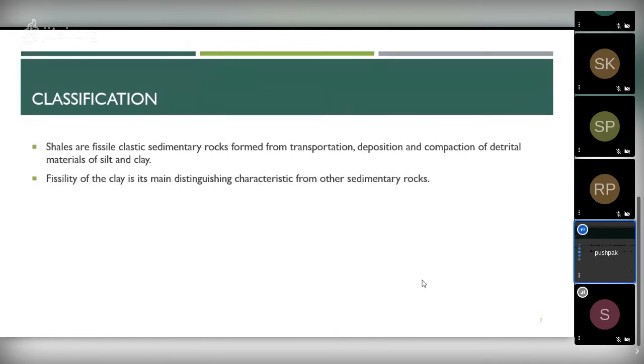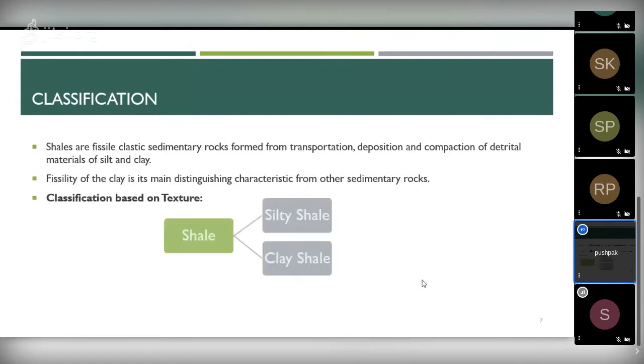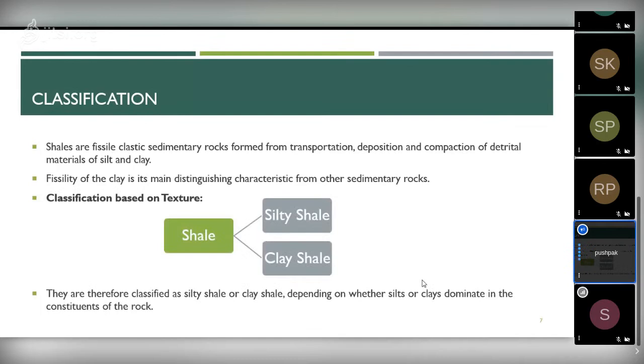First, we will see classification based on texture. Shale characteristically contains fine-grained silt and clay particles, and is classified as silty shale or clay shale, depending on whether silts or clays dominate in the constituents of the rock. Both are collectively called argillaceous shale.